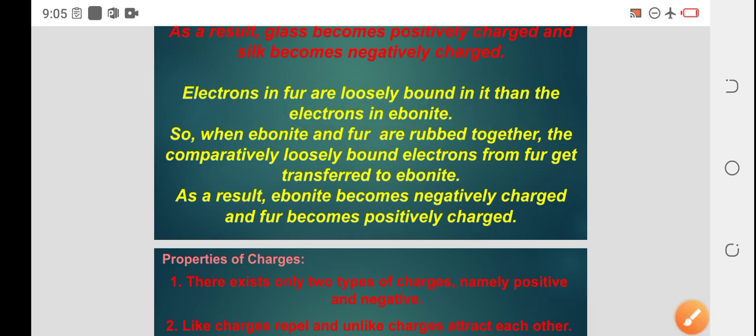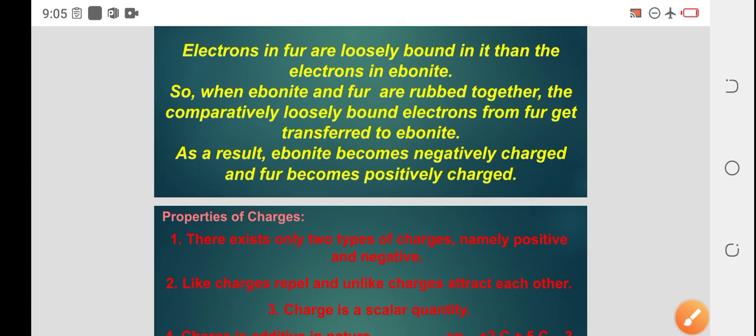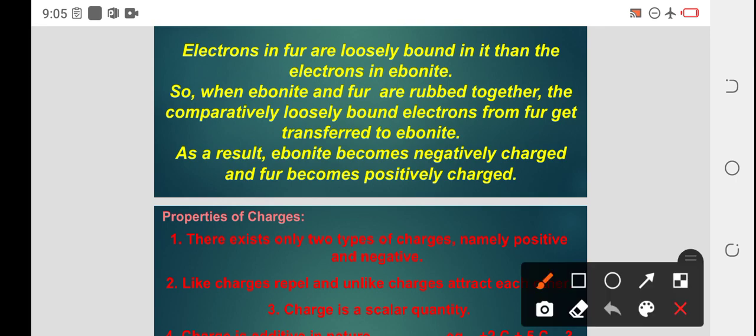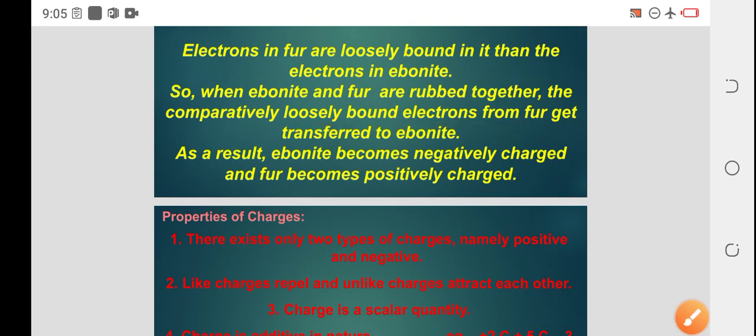Then what is happening? Let's see here. When ebonite and fur are rubbed together, loosely bound electrons from the fur get transferred to the ebonite.